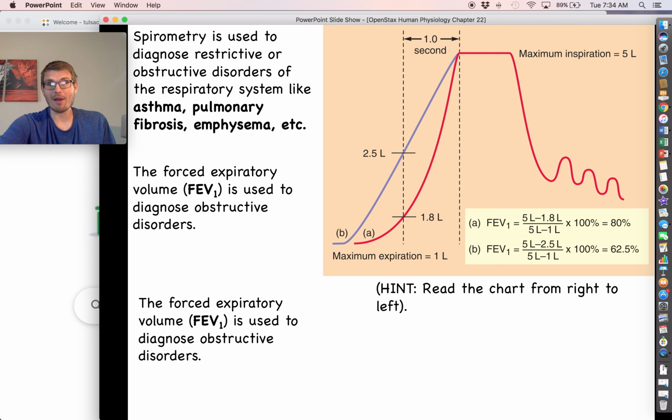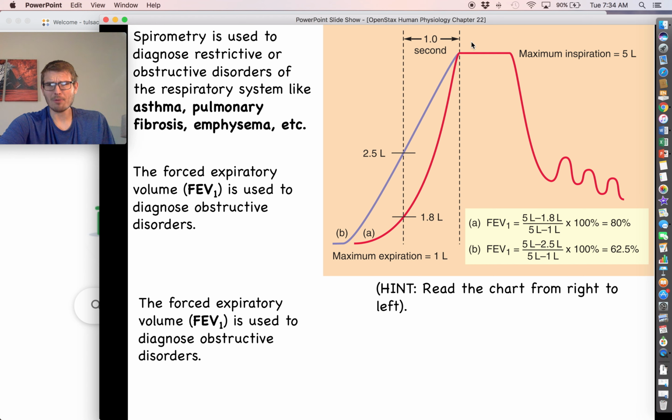Specifically, we are keeping our eye on how much volume of air you can expel from a fully inflated lung in exactly 1 second. So in this red graph right here, you'll notice that we go from a maximum lung volume of, say, 5 liters, and after 1 second, we are down to 1.8 liters. So in 1 second, we are able to expel 3.2 liters of gas, roughly 60 to 70% of the total lung volume.